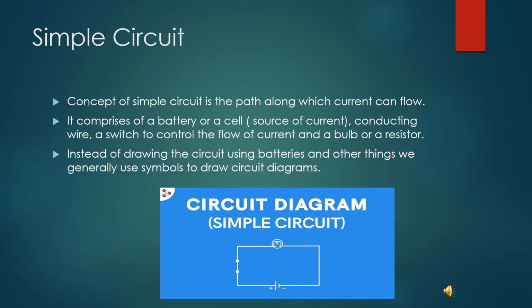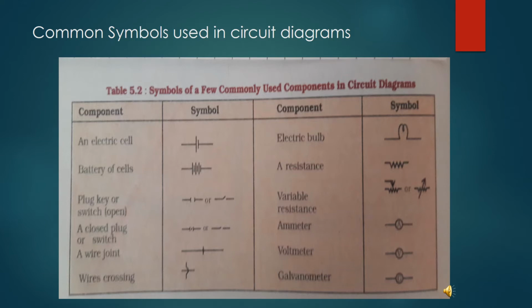Instead of drawing the circuit using batteries and other things literally, we generally use some symbols to draw simple circuit diagrams. So here in this table we can see the symbols of a very few commonly used components in circuit diagrams.